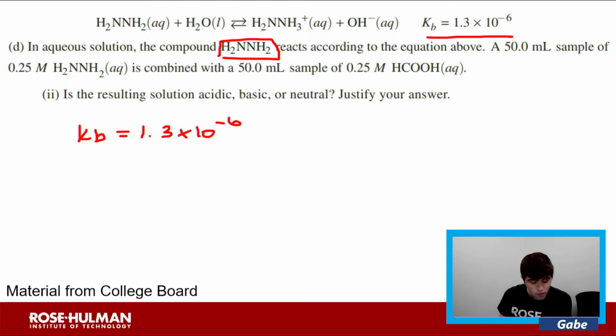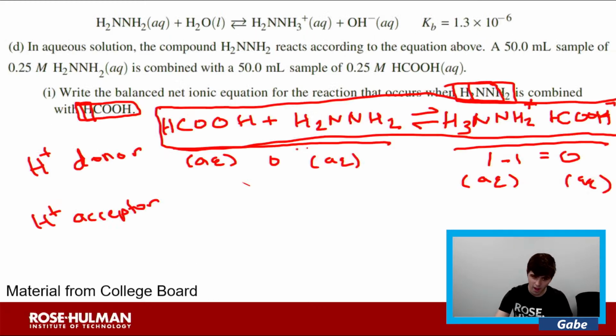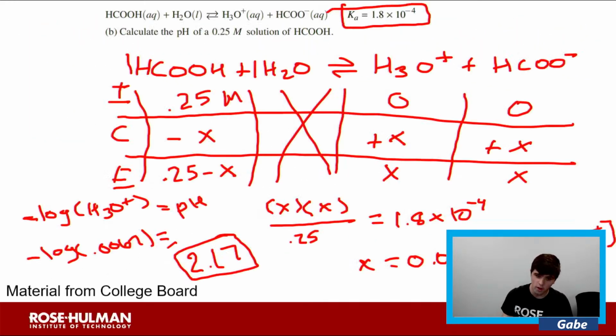And now we need to look at the Ka value of the acid that it was mixed with. Well, we have methanoic acid, and we can tell that this is the same problem and we're still on problem 1, and we know that back on part A, we were given the Ka value of 1.8 times 10 to the negative 4.